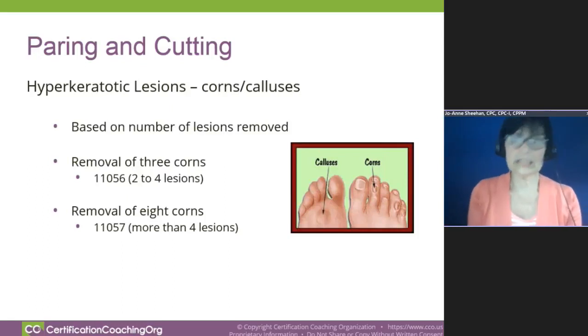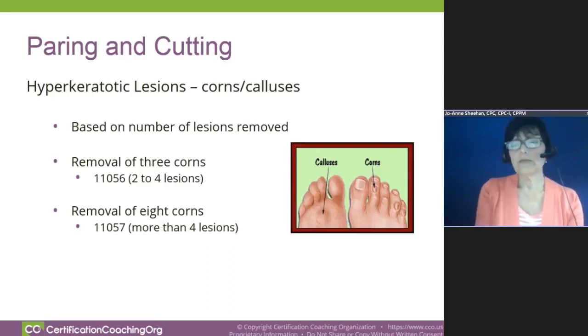Paring and cutting is exactly as it states. It's hyperkeratotic lesions, otherwise known as corns and calluses. And this coding is based on the number of lesions removed, and an example would be removal of 3 corns, 11056, 2 to 4 lesions, and removal of 8 corns, which is 11057, more than 4 lesions.